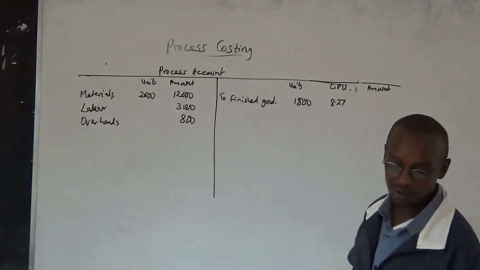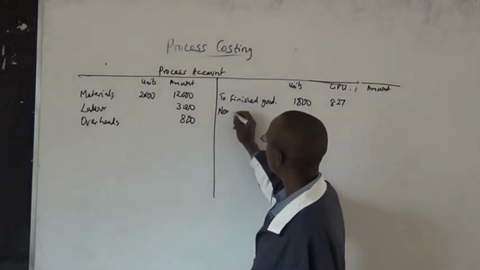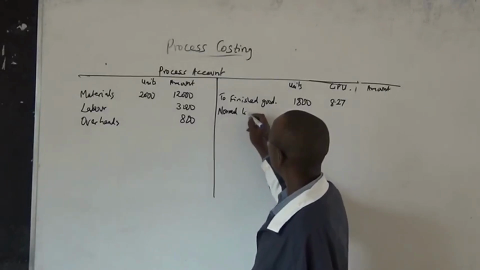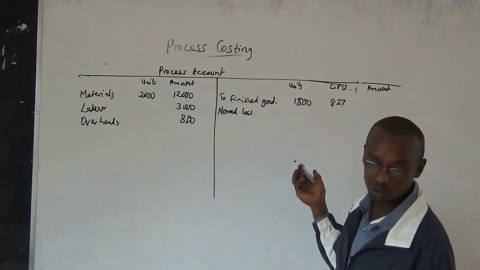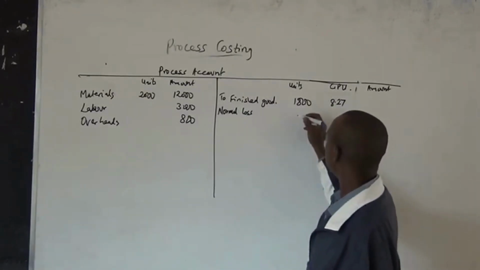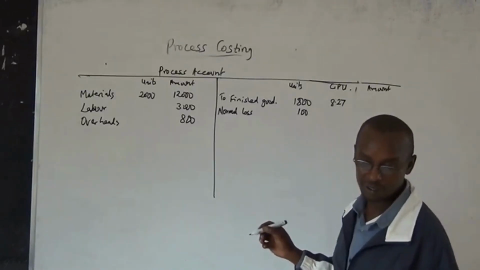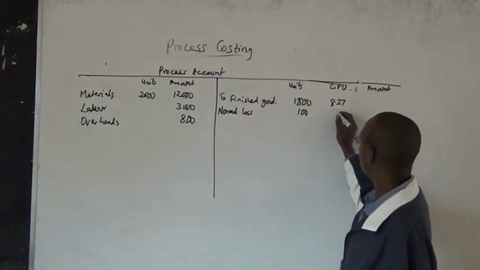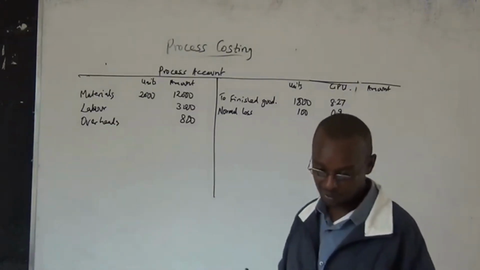Then normal loss. We have been told that it was sold. Normal loss, you can put in bracket and say sold as scrap. It's 100 units at 0.9. All this you had calculated. This is 90.